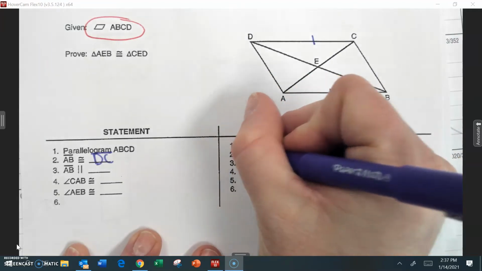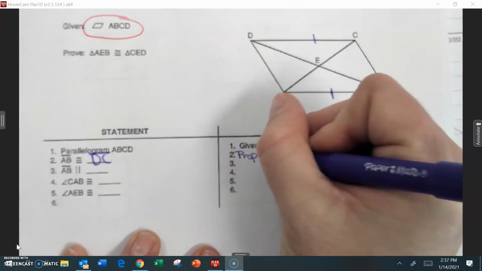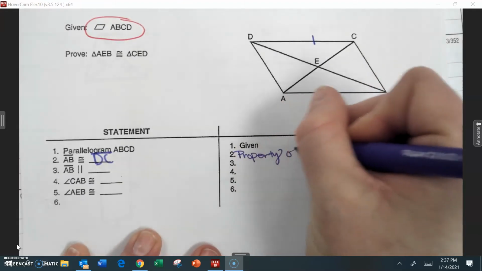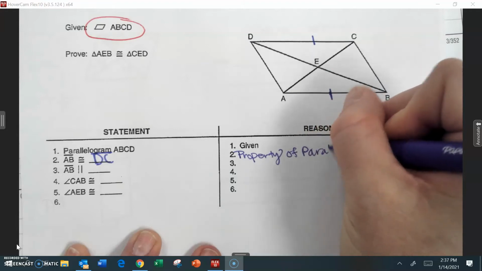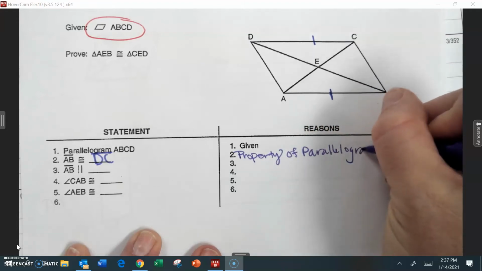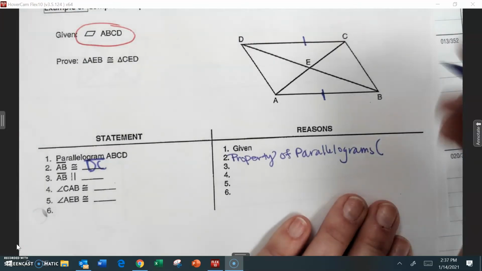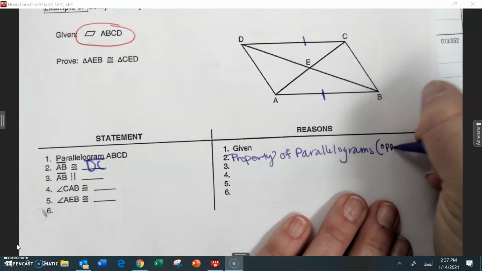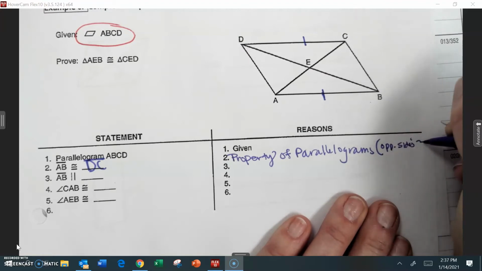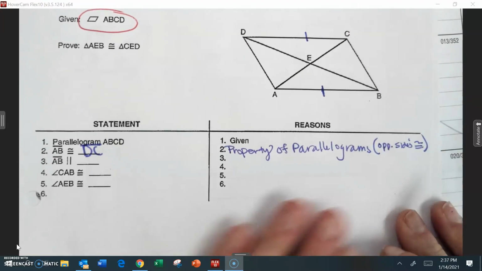So we're simply going to write the reason for this is that we used a property of parallelograms. Now that's enough, but for your notes right now, you might want to put that property was opposite sides are congruent. So that might kind of help when you look back.